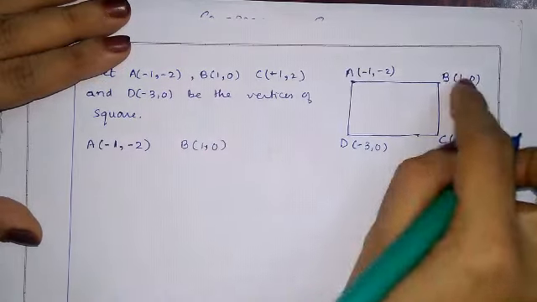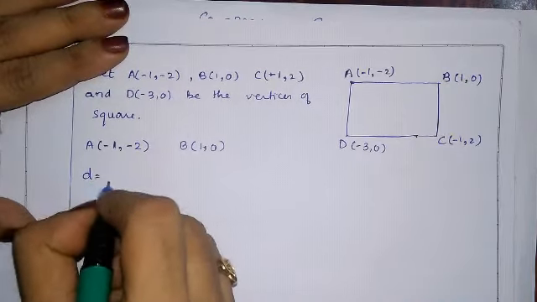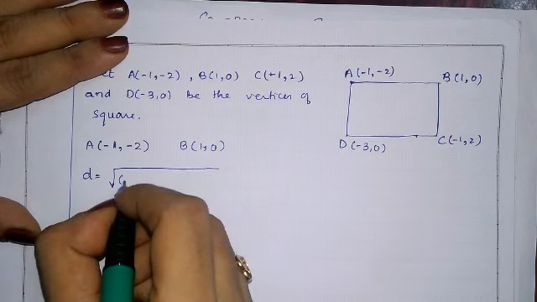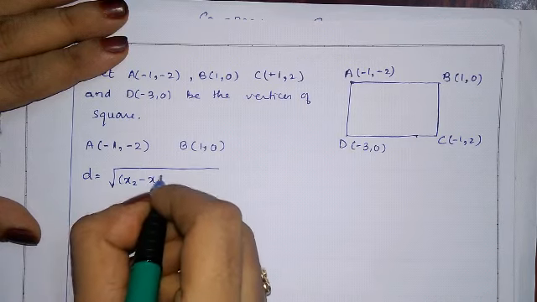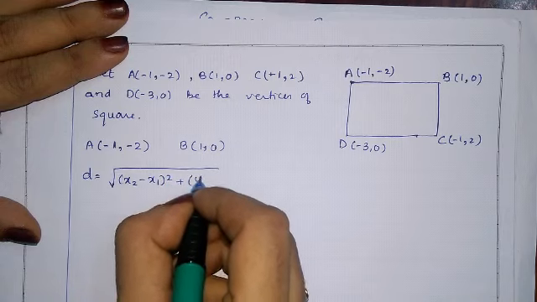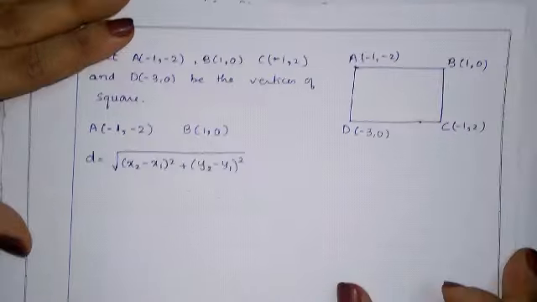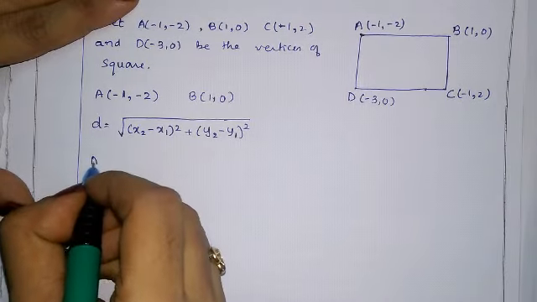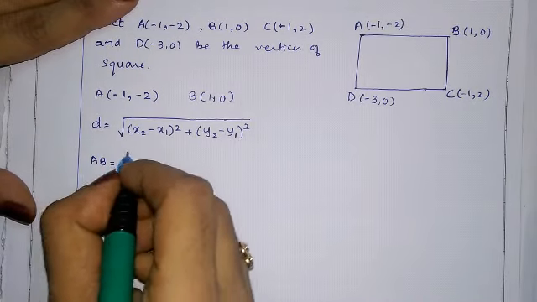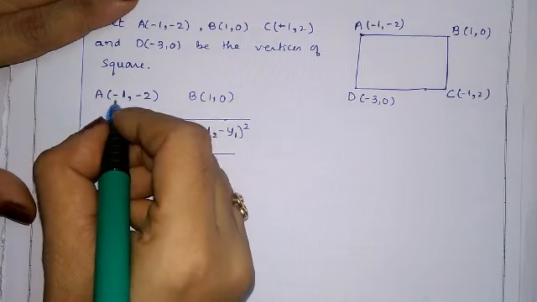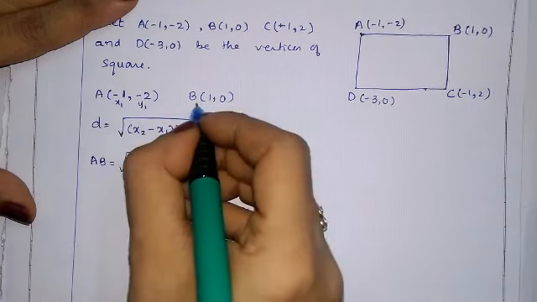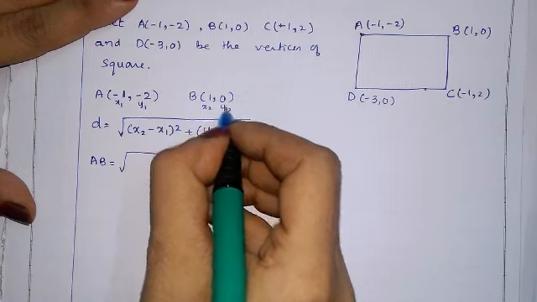Let us find the distance between A and B. D is equal to root of (x2 minus x1) whole square plus (y2 minus y1) whole square. First point x1, y1, second point x2, y2.